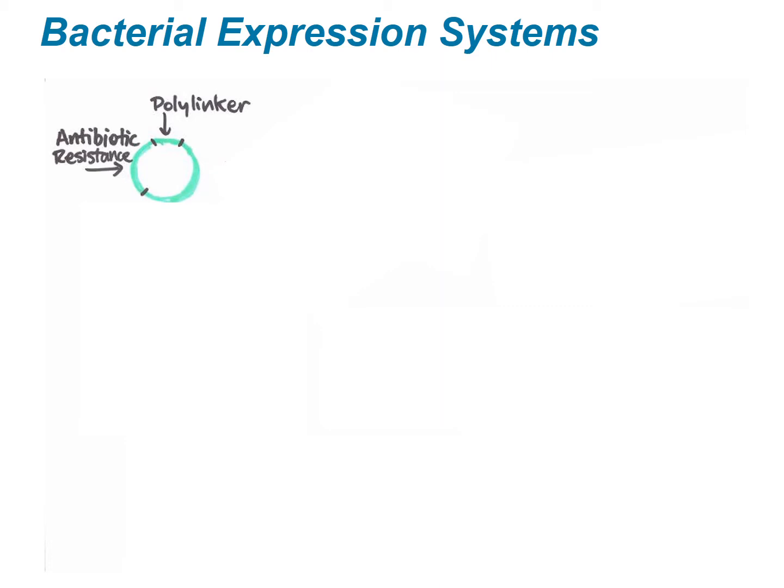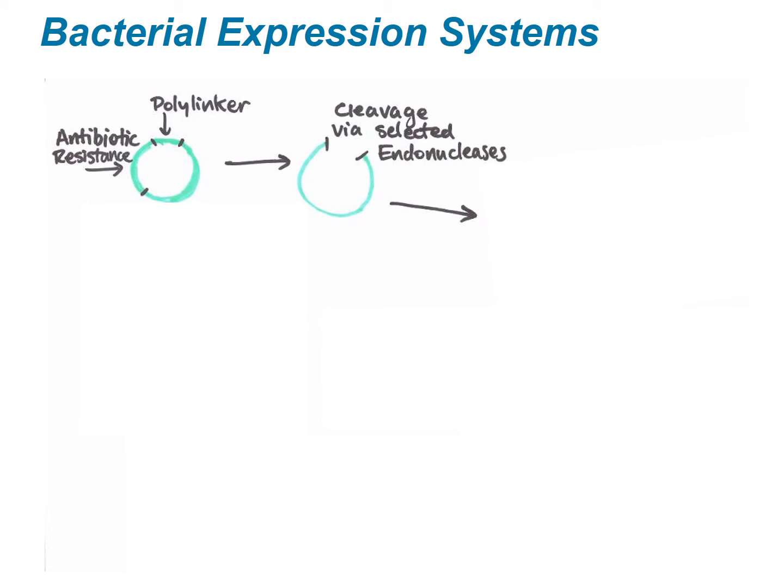It's important to note that here we have an expression vector, and the polylinker is the region where the insert is going to be placed. And here we have a gene for antibiotic resistance. What must be done, and this is just a review, is the same thing that happens with the cloning vectors.